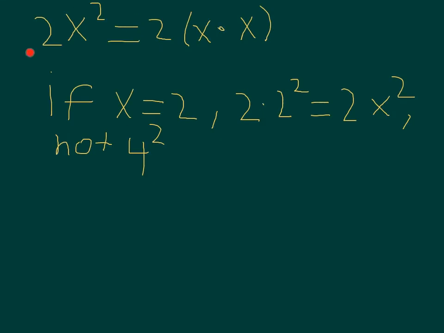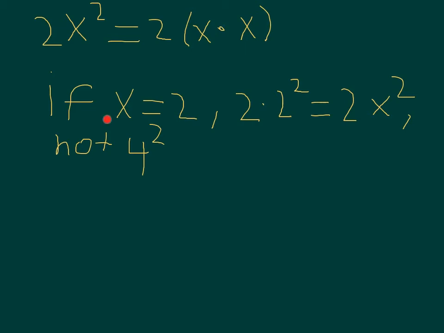When you have a base with an exponent multiplied by another number, as in 2x squared, a good way to think about it is that you have 2 times x times x, because x times x is x squared, and you just have 2 of that, so it's 2x squared.